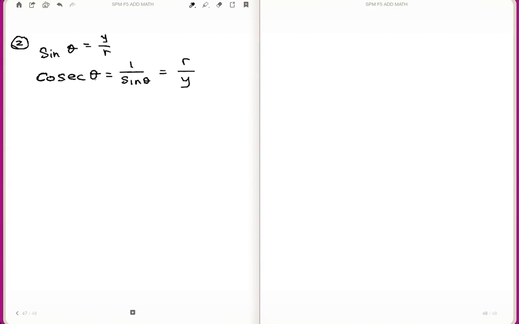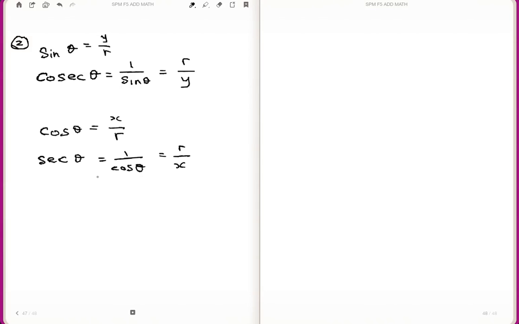You have sine, then you have cos theta. Where cos theta of our acute angle, that will be x over r. We assume theta is an acute angle. How about its inverse? Is secant theta. That will be 1 over cos theta that will be r over x.